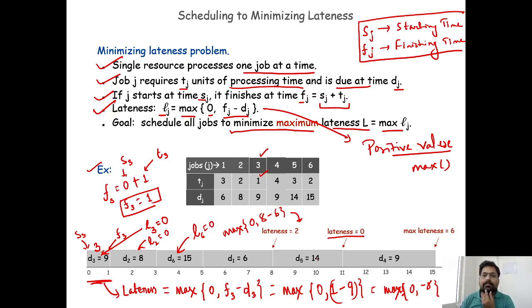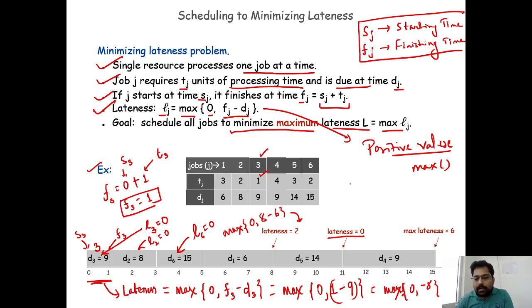Because 11 minus 14 is minus 3. Within 14 seconds it has to be completed, but within 11 seconds it has already been completed. So the finishing time is written on the x-axis, and the due time has already been written. So due time is more than the finishing time, meaning don't worry, you are on the safer side.